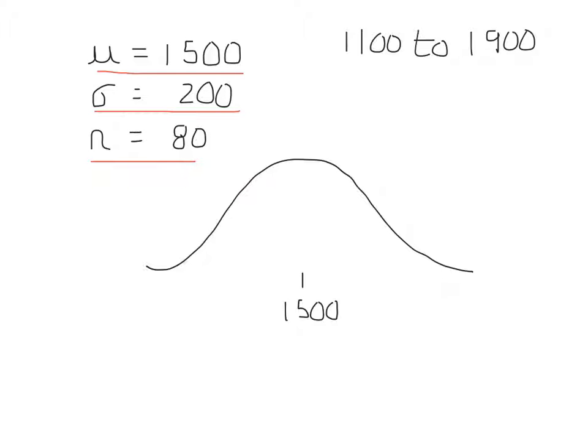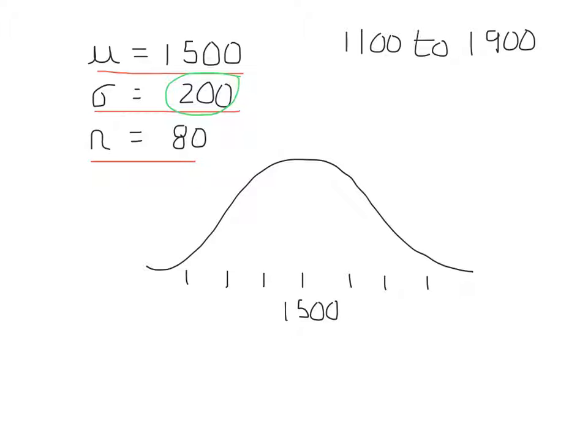We know according to the empirical rule that almost all of the data should lie within 3 standard deviations of that mean, within 3 standard deviations above to 3 standard deviations below. Each standard deviation, we were told, has a value of 200.